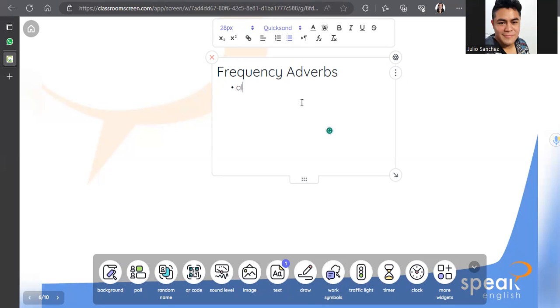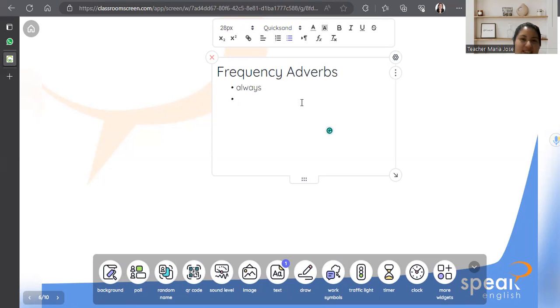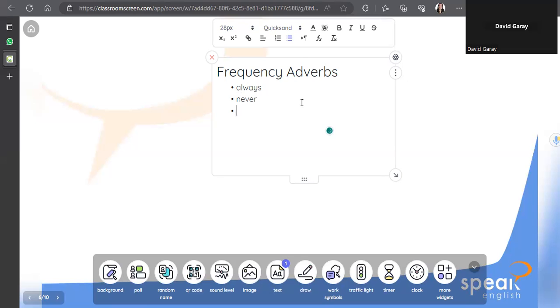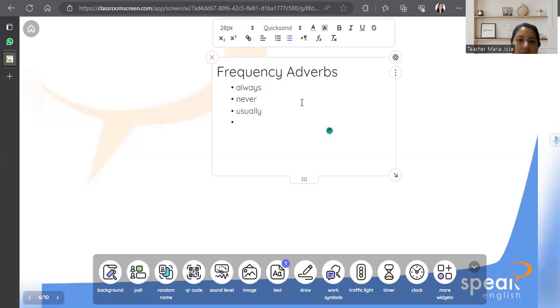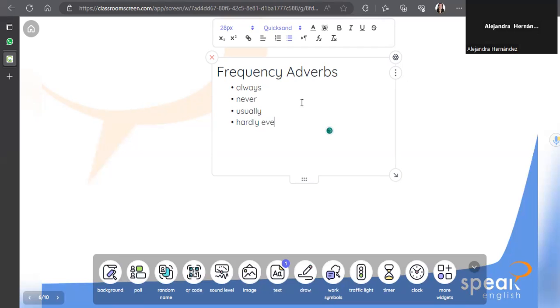Always. Letty, always would be the other one, there are several. Just one. Never. Okay. David, usually. All right. And Alejandra, hardly never. Hardly never or hardly ever? Hardly ever. Excellent.